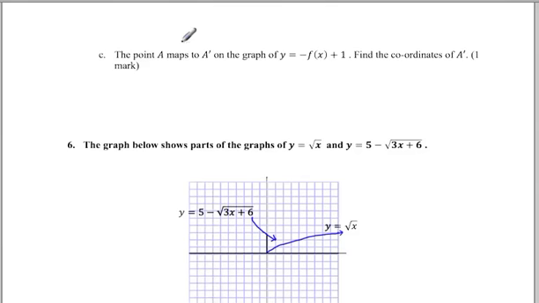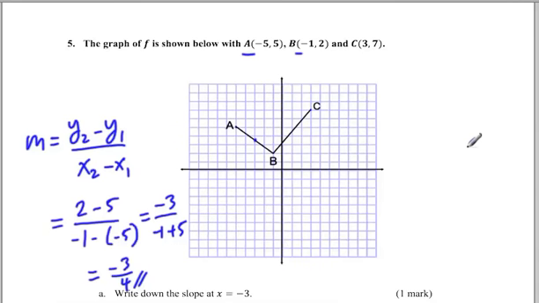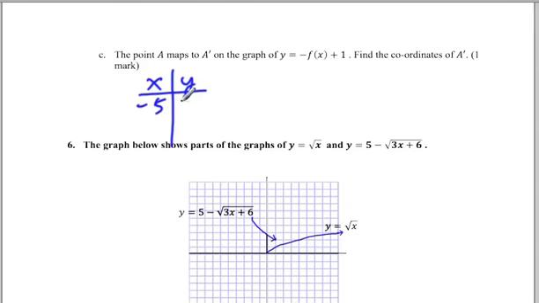And now C, the point A maps to A prime on the graph y equals blah, blah, blah. Find the coordinates of A prime. So once again, we just do the same thing as before. Let's figure out what A was again. A was negative 5, 5. Now, the transformation is negative f of x plus 1. So that means it's negative y, and it's plus 1.